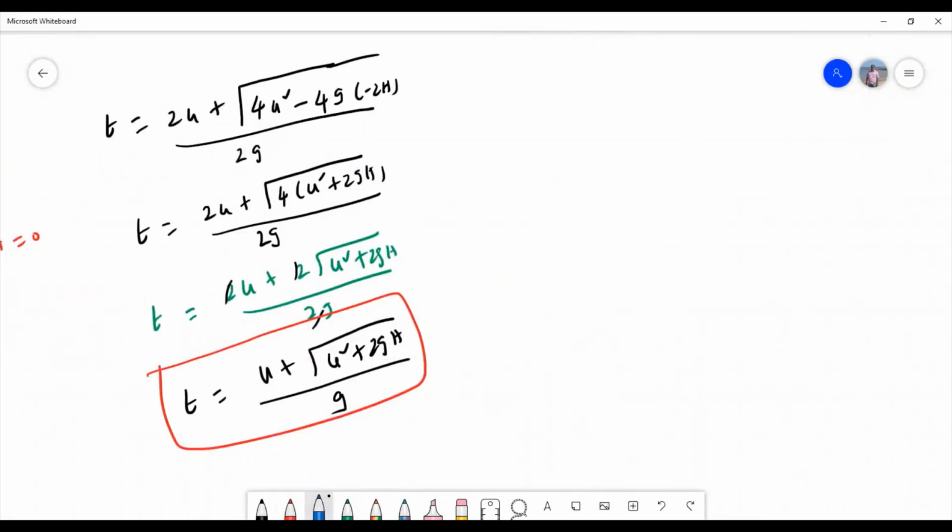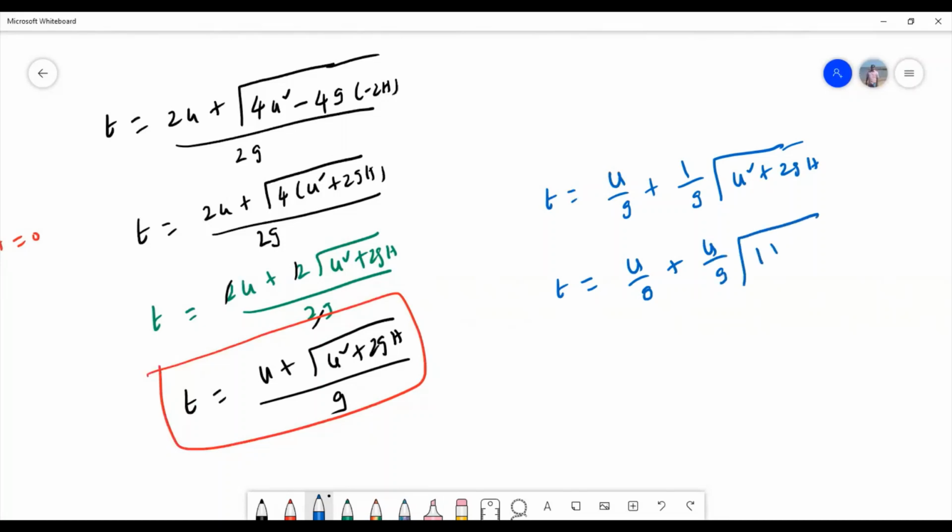Let me explain. T is equal to u upon g plus 1 by g times root of u square plus 2gh. So T is equal to u by g plus, if I take u square common, it becomes u by g times the square root of 1 plus 2gh upon u square.